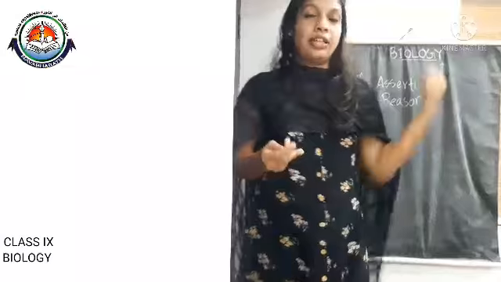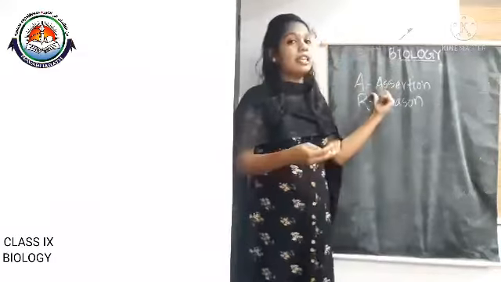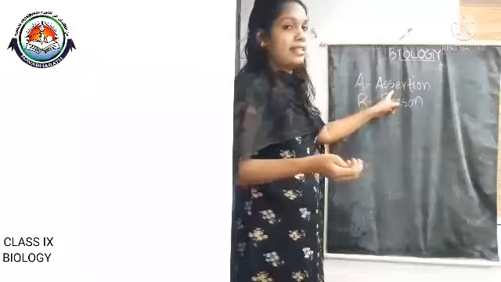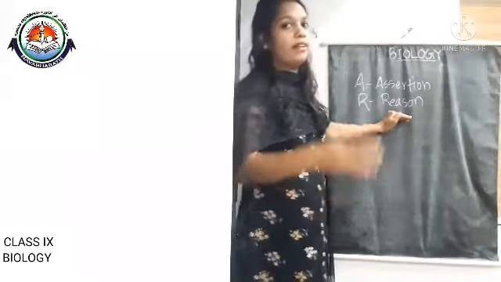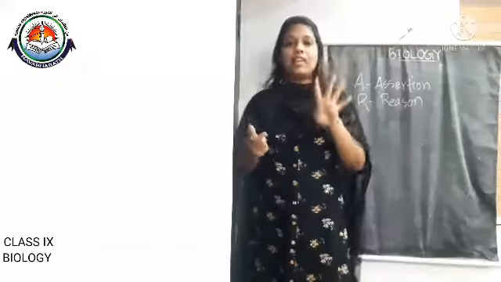So a statement will be given, that is called an assertion, and its reason also will be provided, and you need to select the answer from 4 choices. All these assertion and reason type of questions contain 4 choices.